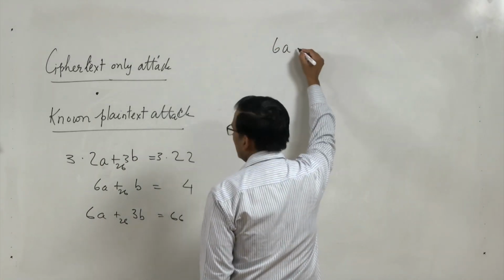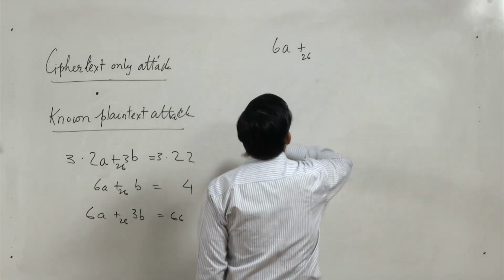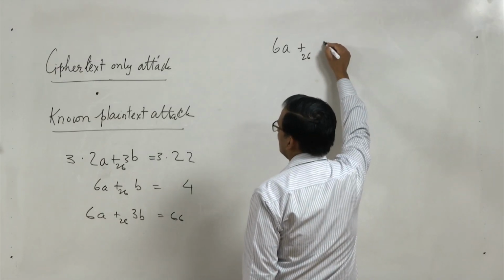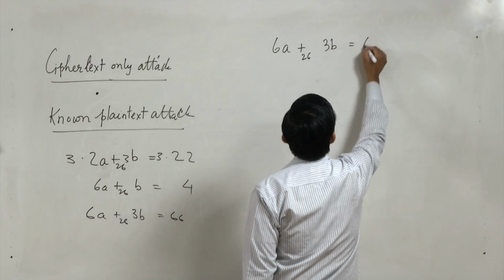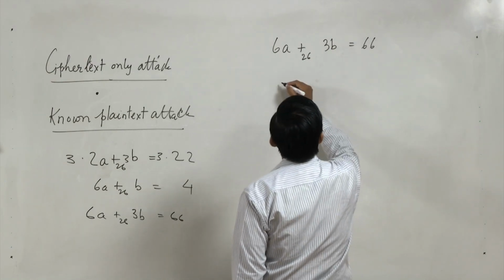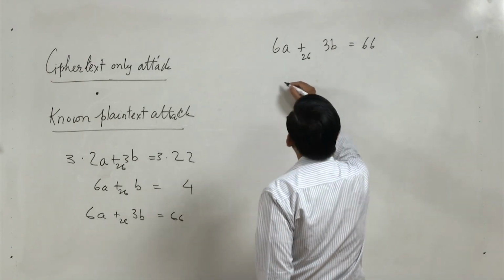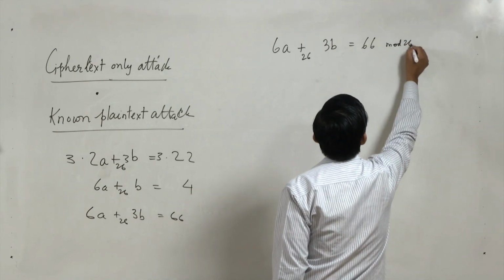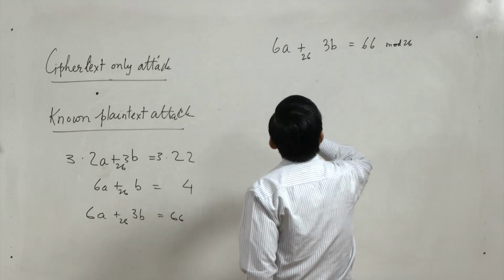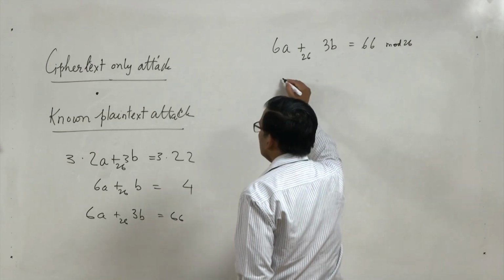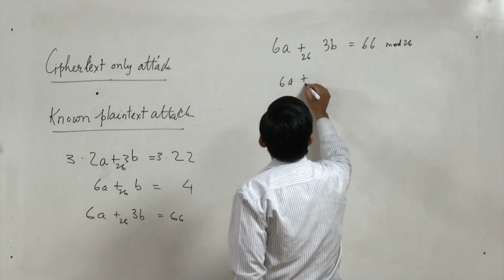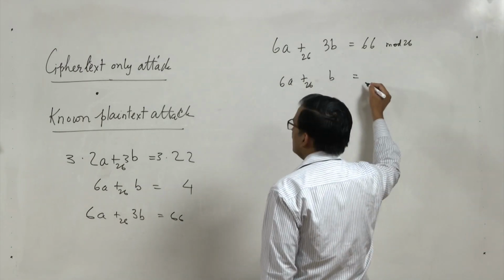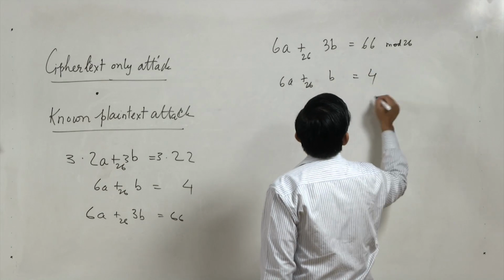I have got 6A plus 3B is equal to 66, and of course, I have to put mod 26 here. I do not do that now, and here 6A plus B equal to 4.